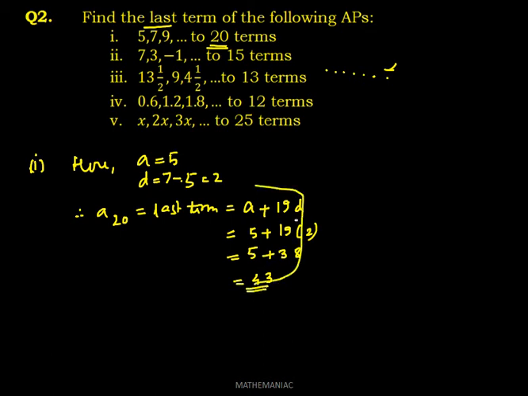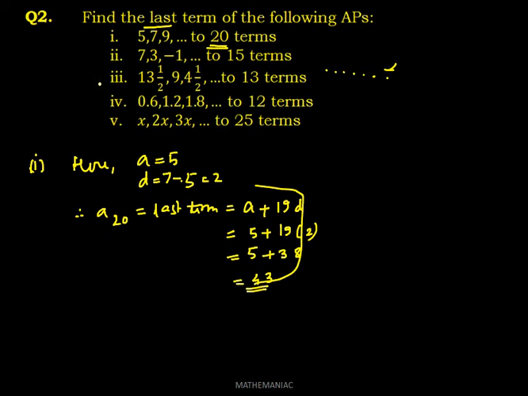I hope it is clear. You won't find any problem here, I'm very sure. Just try to observe from the basics and think in terms of symbols here. I would never suggest this for other chapters, but AP is such a chapter where clarity of symbols is a must, right?